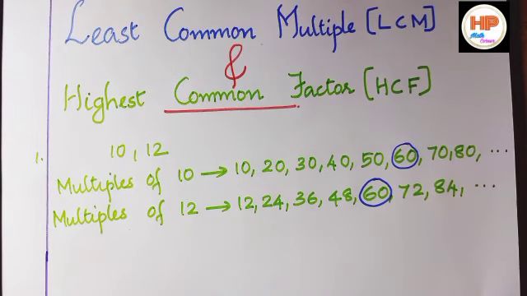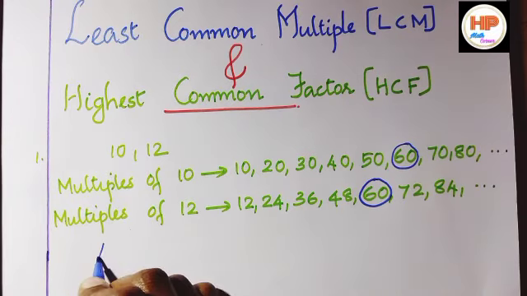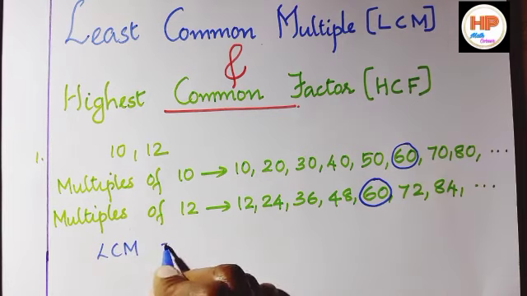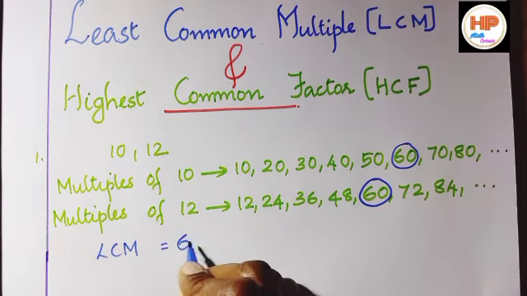Yes, there will be some more numbers which are common to both 10 and 12. But we have to consider the least number or the smallest number. Okay. So, here the LCM of both 10 and 12 is 60.